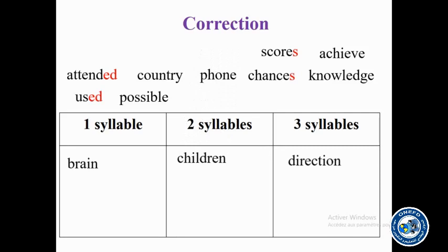Scores. One syllable. You see, the S did not change the number of syllables. Achieve. Two syllables, as we said. Final E is silent.